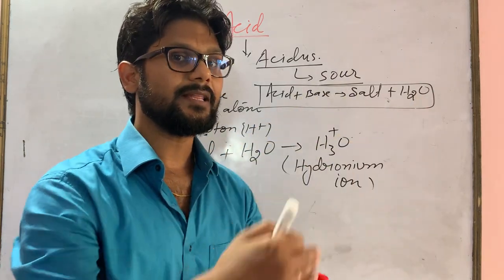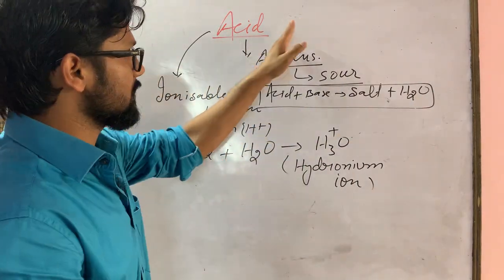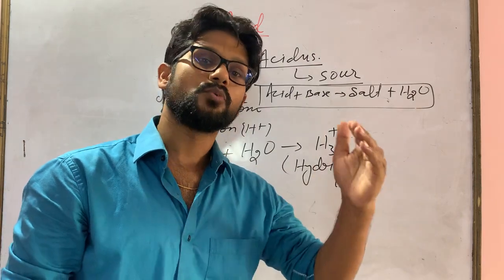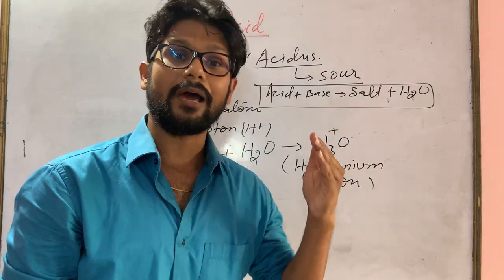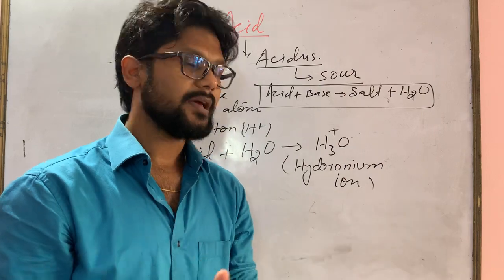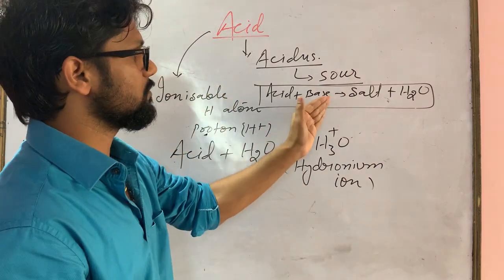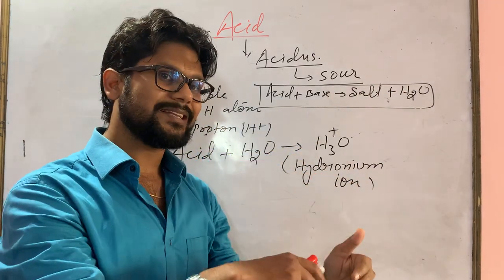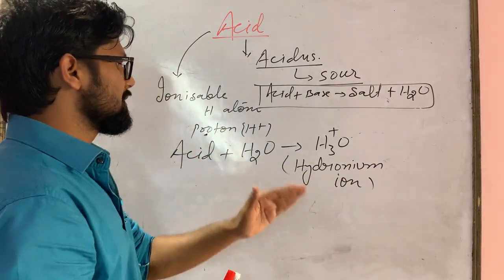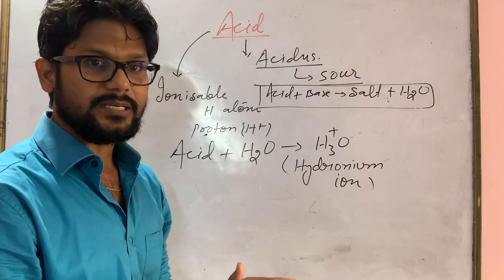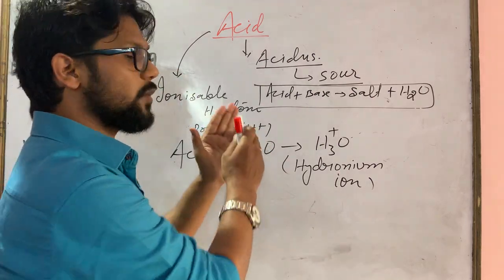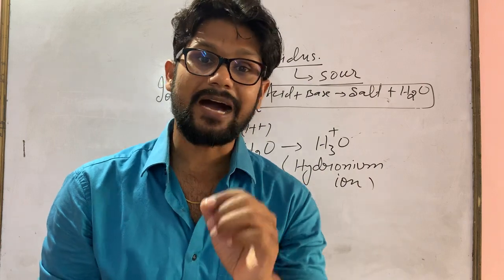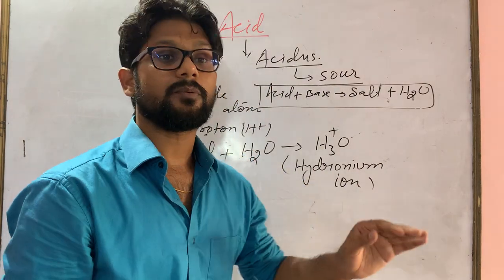So again you add in the definition. Acid is a compound which contains at least one or more replaceable or ionizable hydrogen atoms, and when it reacts with base, it gives salt and water. Or you can also say, when acid reacts with water, it gives only positively charged ion, that is hydronium ion.